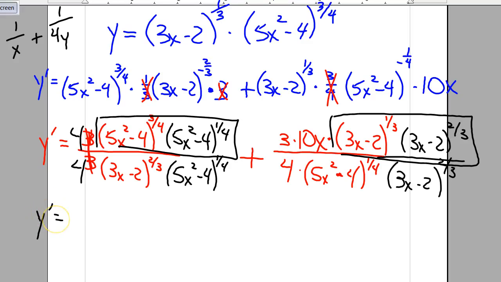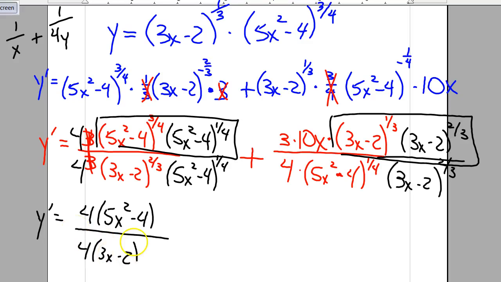So, I just take a step and simplify that. It gets annoying writing the bottom over and over again.